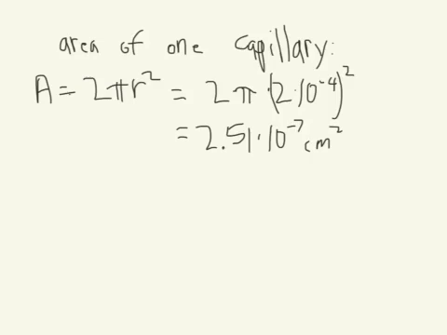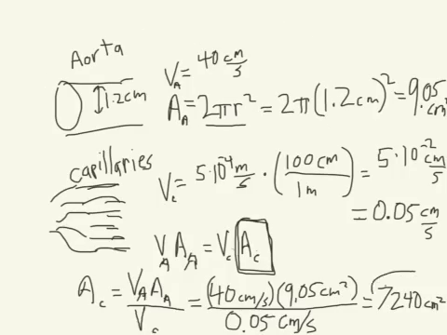So a very small cross-sectional area for one capillary. But we know that if we multiply that by the total number of capillaries, which we'll call x, we have to get the total area of all the capillaries, which we saw a second ago, which is over 7,000 centimeters squared.